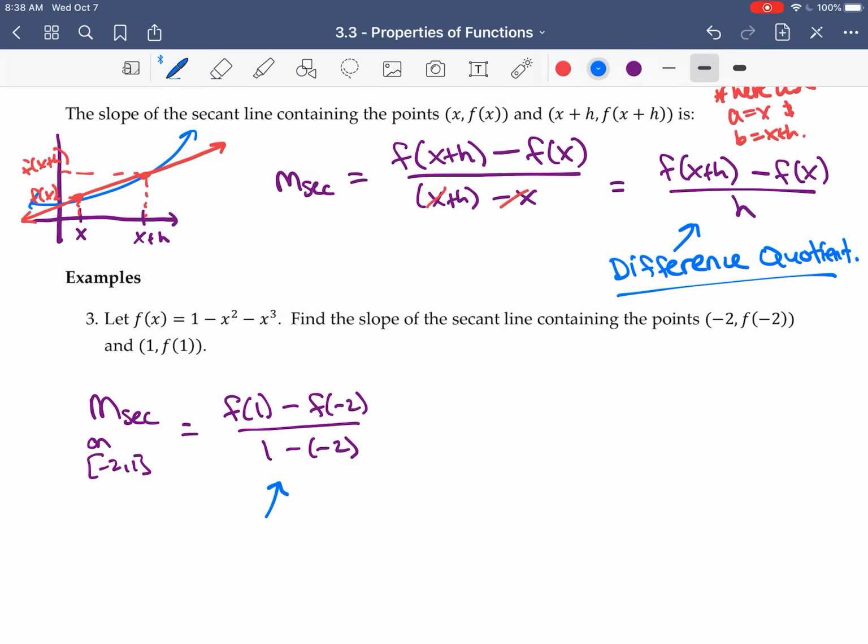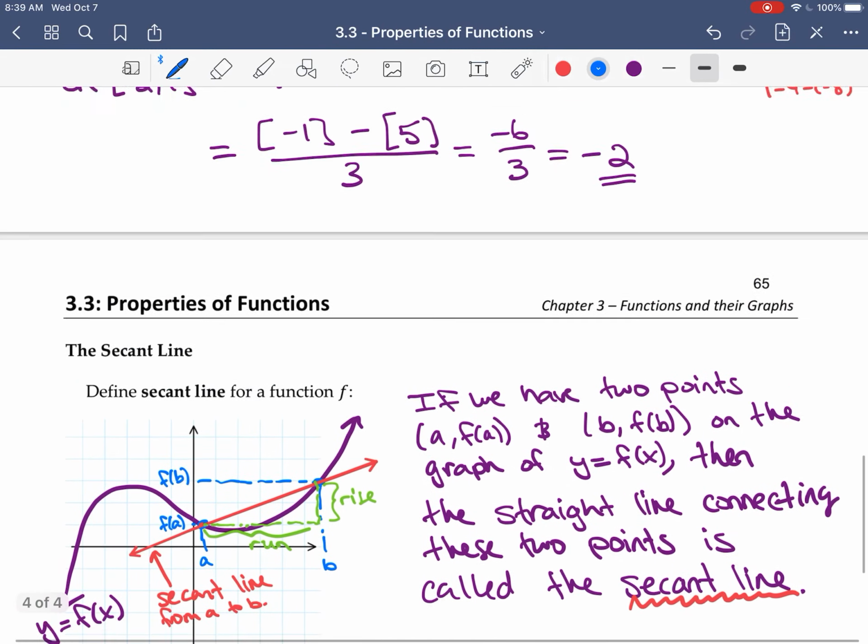Now, this might look familiar because we just did it. It's the same f, and these are the same points. This is the same as the average rate of change in example, I think it's example 2. Let me just check that.